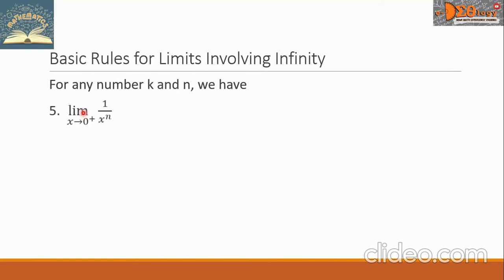Number 5, the limit of 1 over x raised to n as x approaches 0 from the right, the answer is positive infinity.